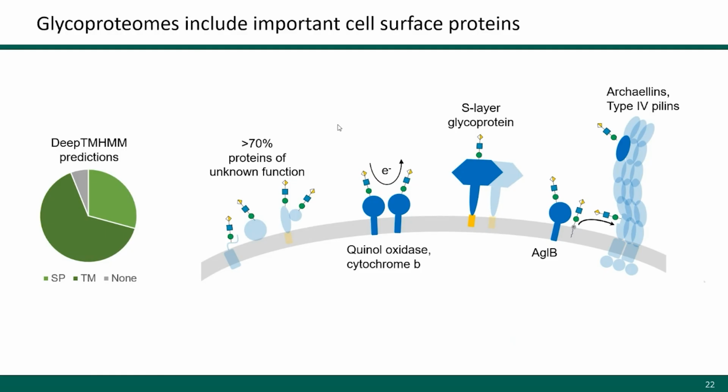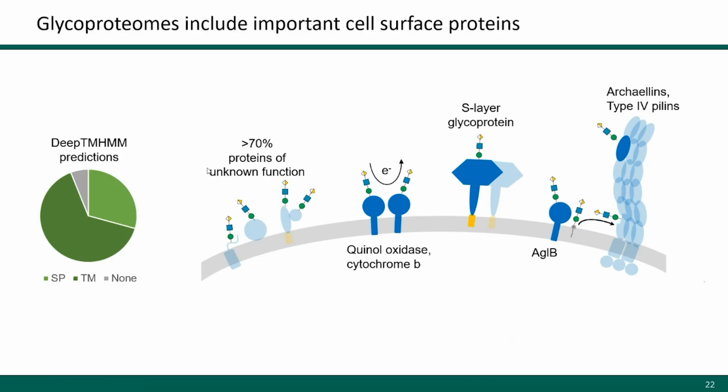Then we have some cytochromes. But there's a lot of glycoproteins that are proteins of unknown function, which is always a bit of a problem working in prokaryotes, especially archaea. Nobody knows what they're doing. GO term annotation, not really a thing.